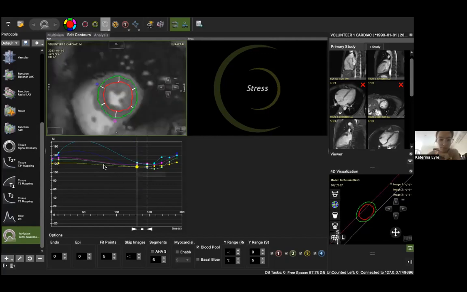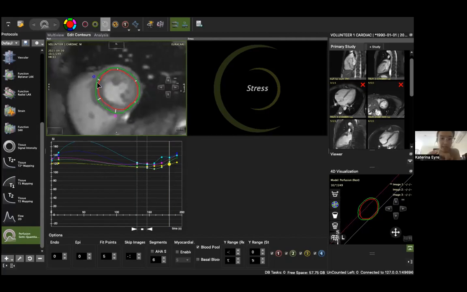Yeah, so the yellow one, what does it represent? So they represent different segments of the myocardium. Okay. So you can see up here, for example, the yellow is the anterior septal part of the myocardium. Okay. Yeah, so the color coding is just up here.